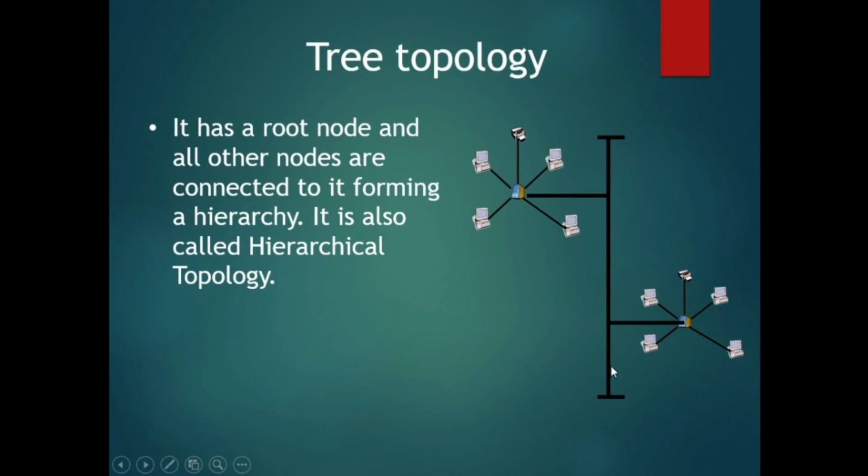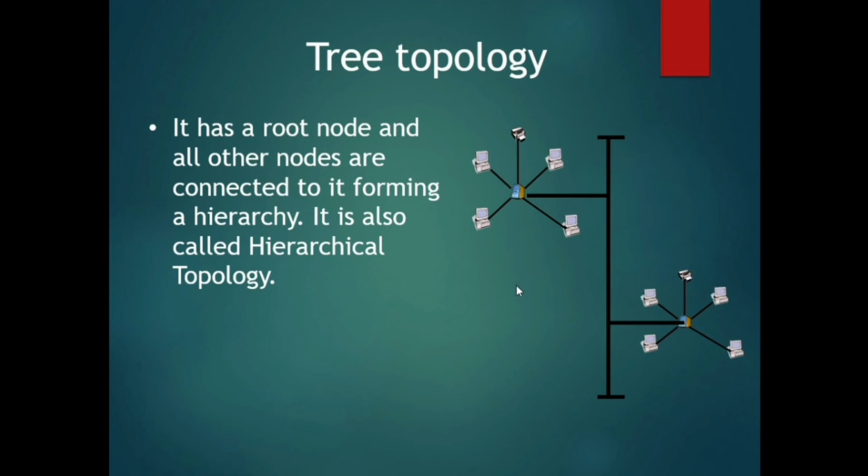This root node connects all the other nodes, like this one and this one. These two sub connections are connected with the main root node, and this forms the tree topology.